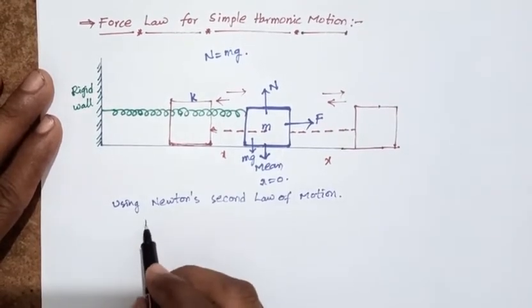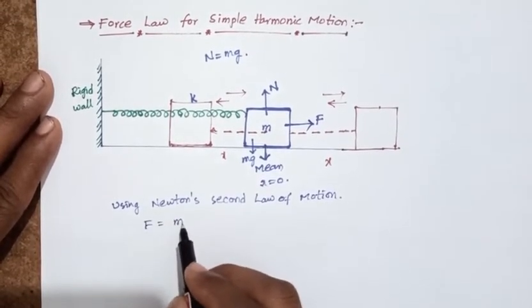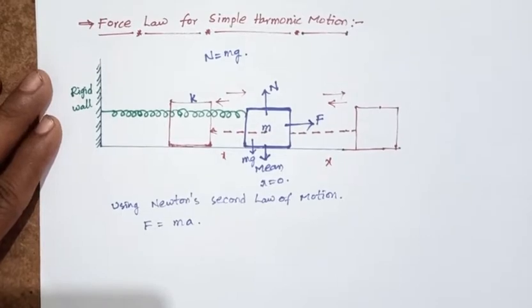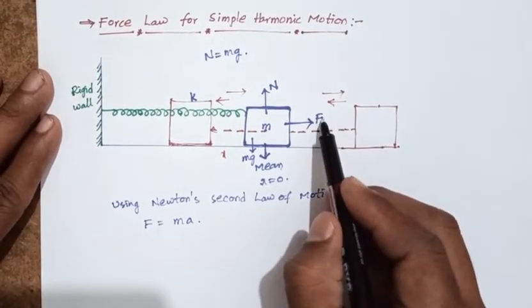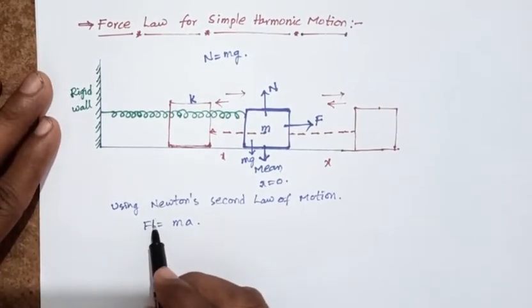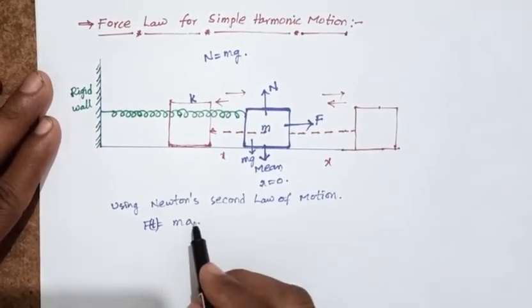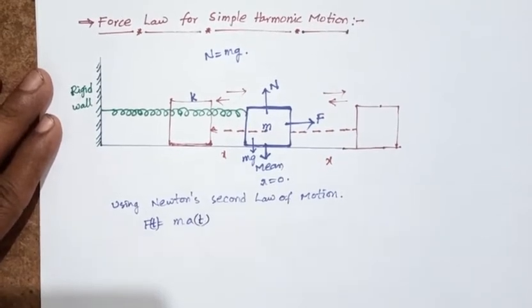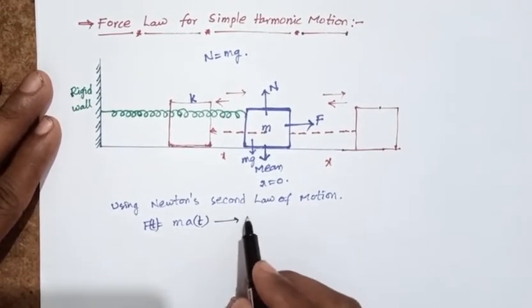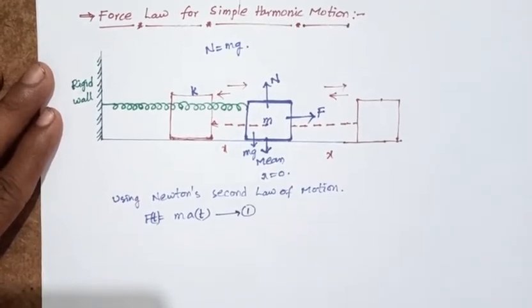It is F equals ma. Taking the force at an instant of time, F of t equals m, which is constant, times a of t, a function of t. We take this as equation number 1.